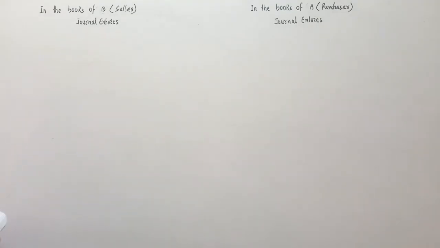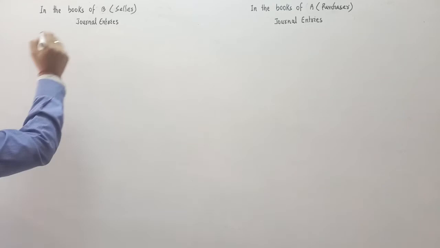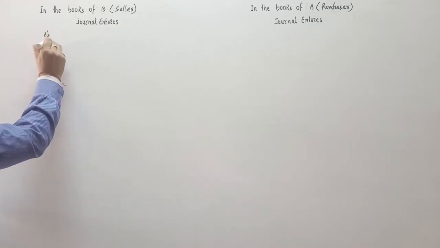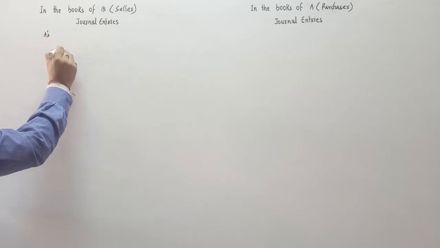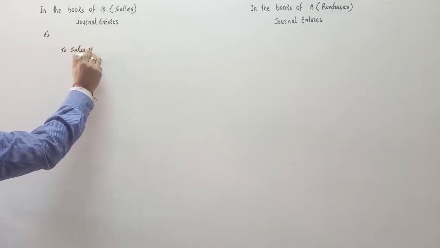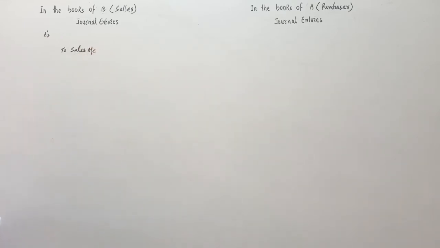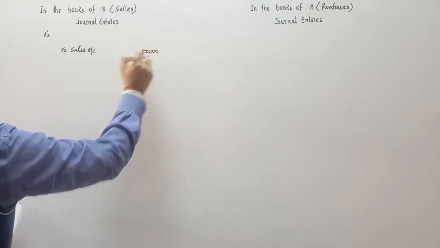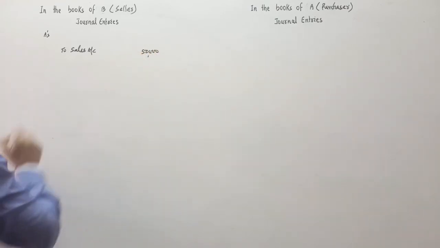B is the seller. So the first entry is A purchased goods from B. He will write A's account debit to sales account. Sales is 50,000. Out of that, 40% he has paid immediately.